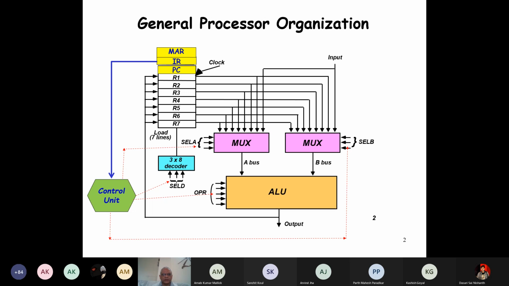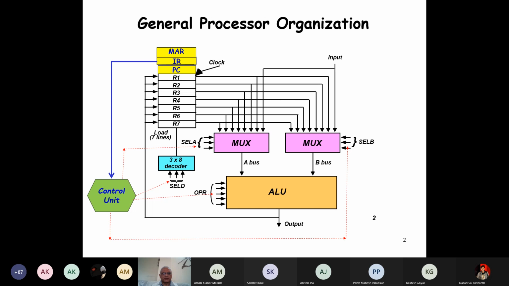And the distinguished register here, the program counter, is used to store the address of the next instruction to be executed. So once the execution of an instruction completes, the control unit initiates fetching of the next instruction based on the address stored in the program counter, because the program counter always stores the address of the next instruction to be fetched.